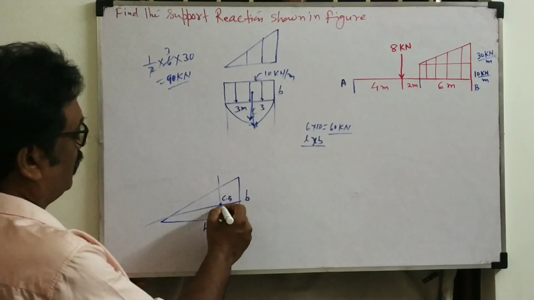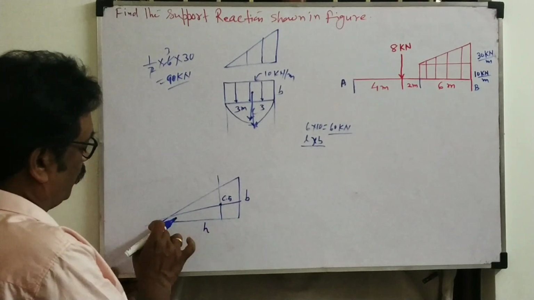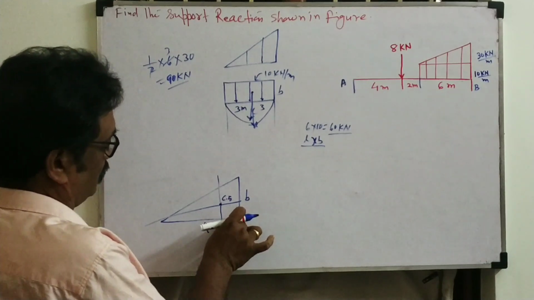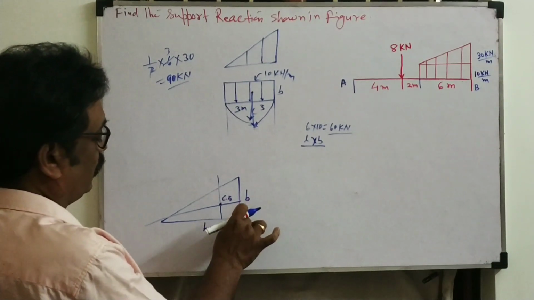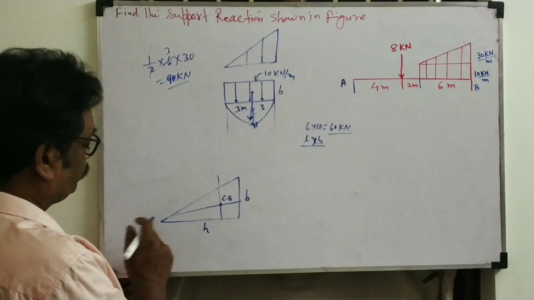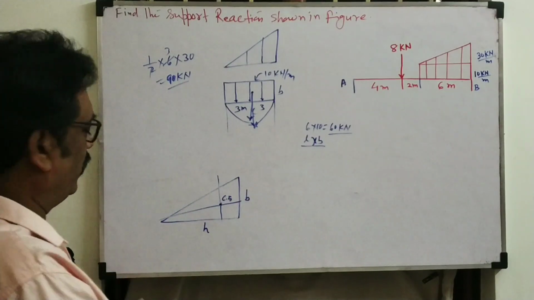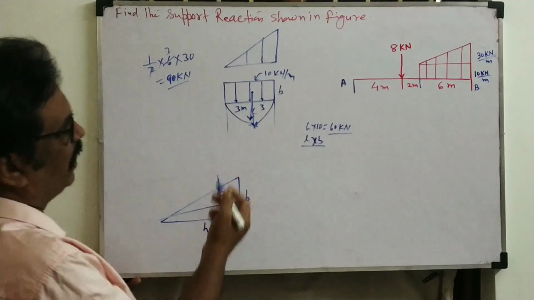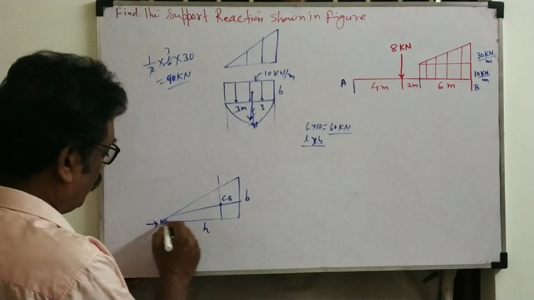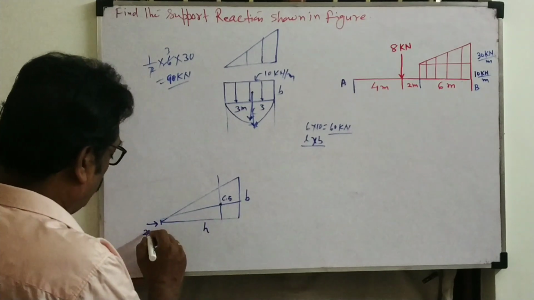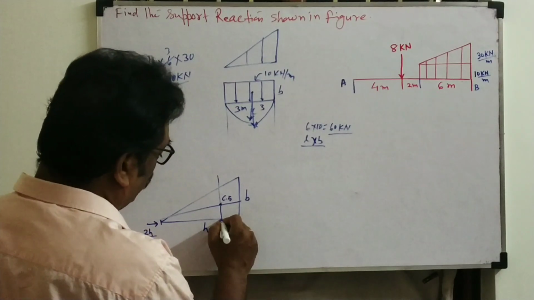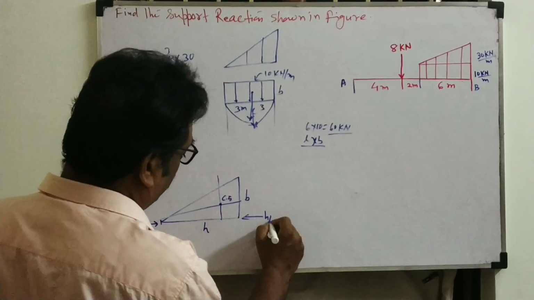Now what will be the distance from here? How do we reach this point? There is a derivation for this, but now we only have to remember it. If you travel along this side from this point to this point, it will be 2h by 3. From this point to this point it will be h by 3.